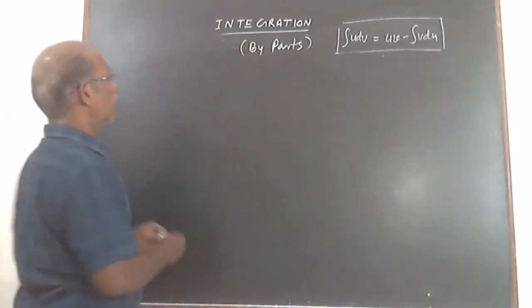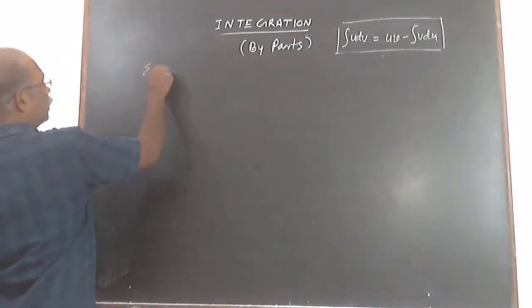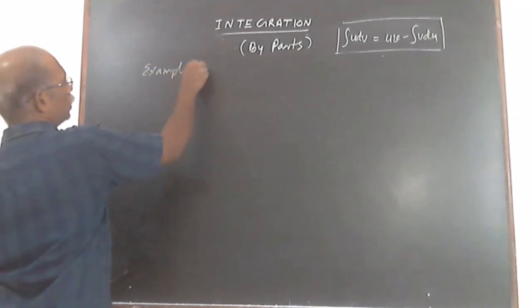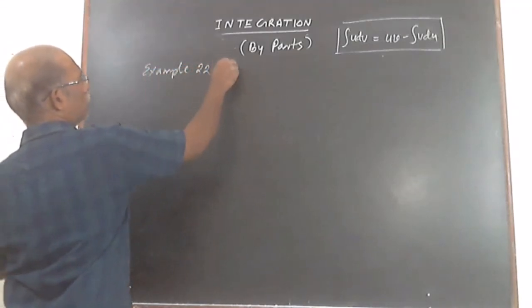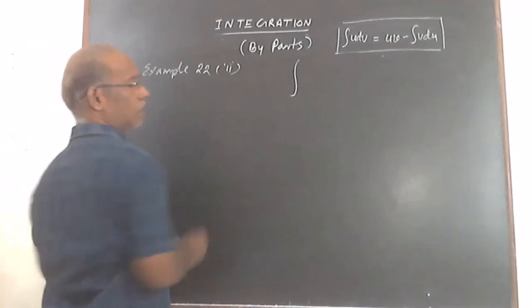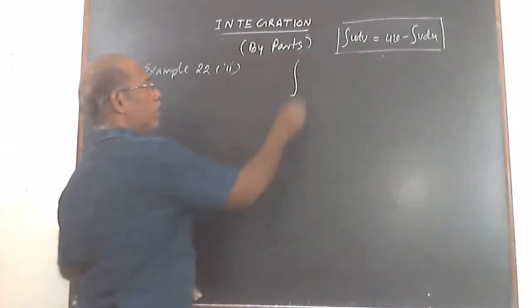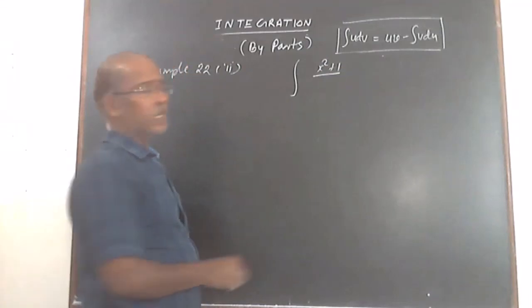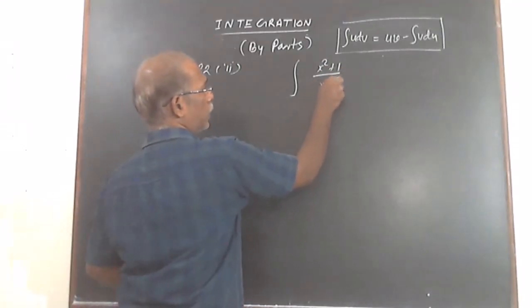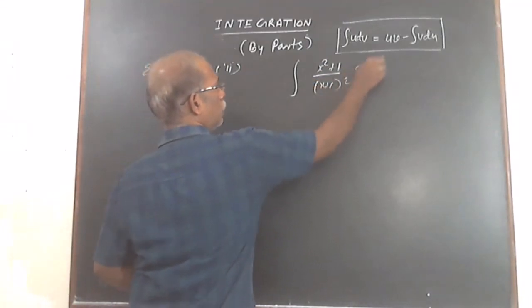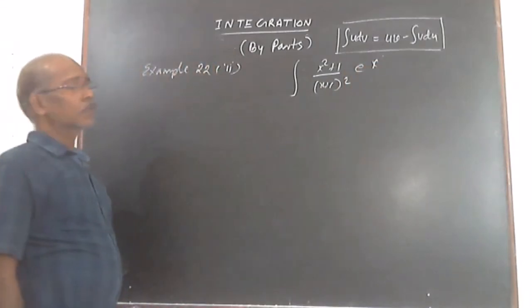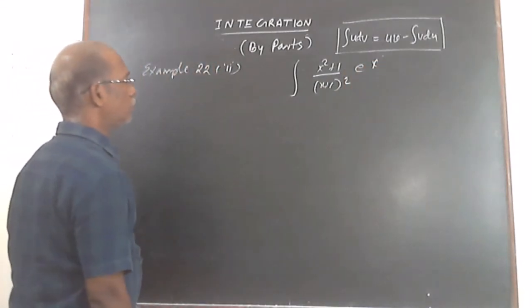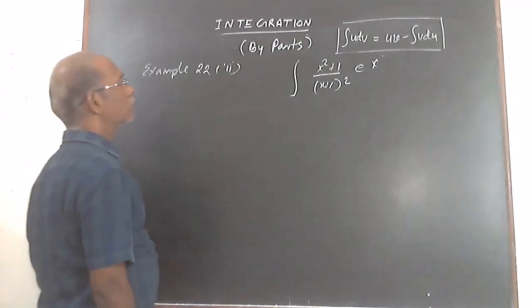Okay, same example 22, subdivision 2: integral of x square plus 1 over x plus 1 the whole square, into e power x. Now what to do?